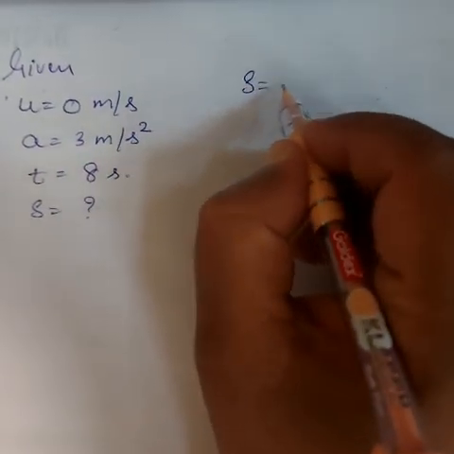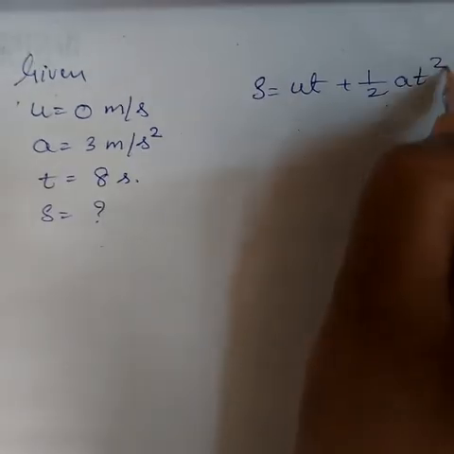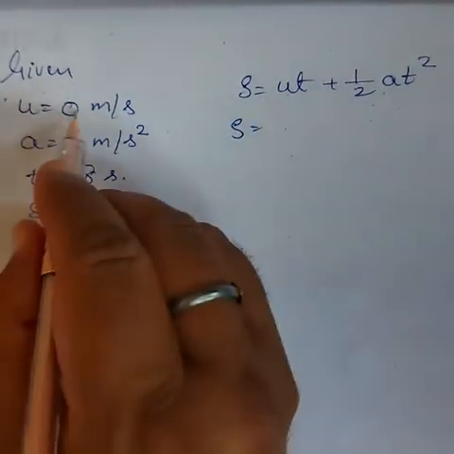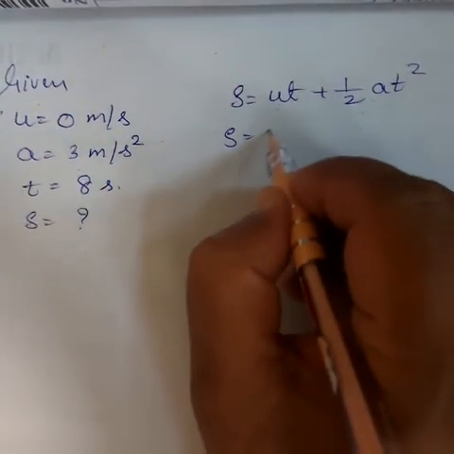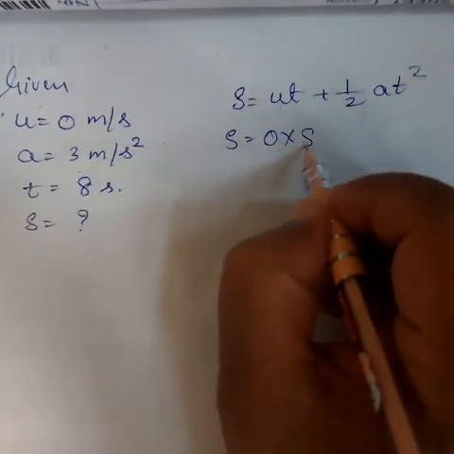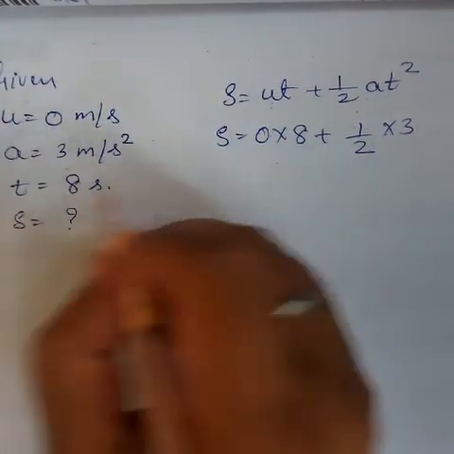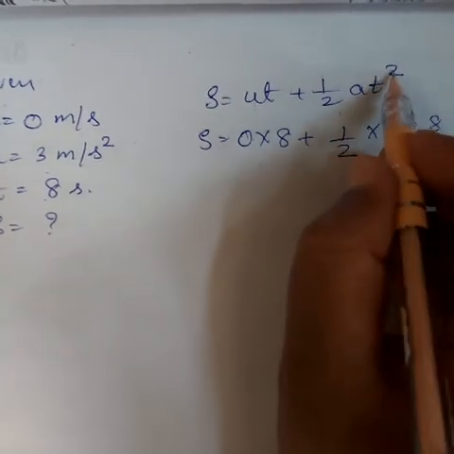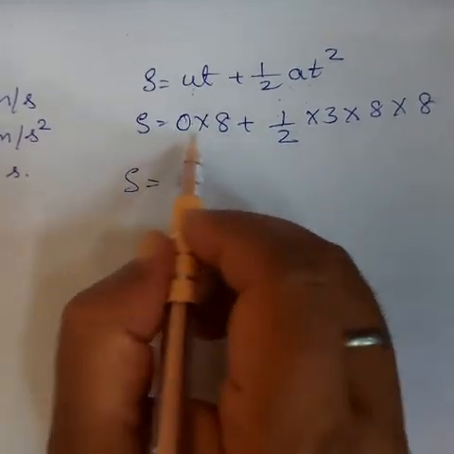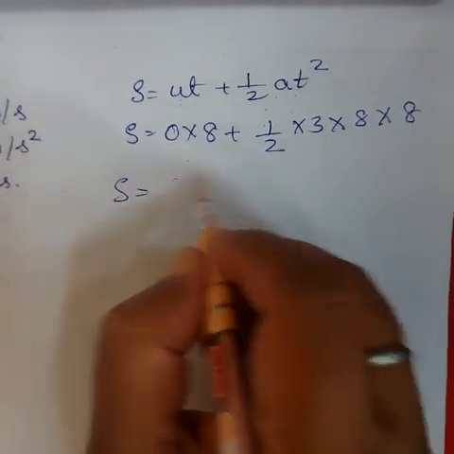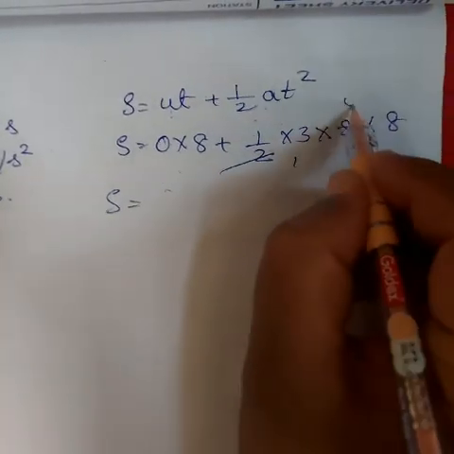The second formula we apply here: s is equal to ut plus half at square. We put the values. u is 0, t is 8, plus half, a is 3, t is 8. You write down 2 times because t square is here. Any digit multiplied by 0 is 0. Cut it: 2 1s are 2, 2 4s are 8.